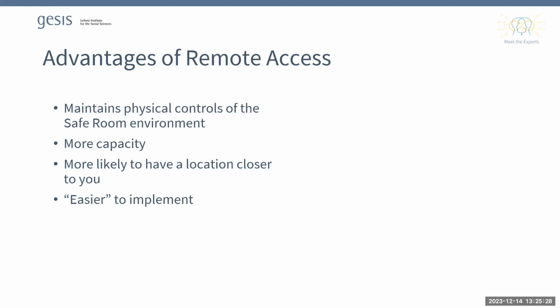We can build our capacity, so we have extra workstations available to us. The researcher is more likely to have a location that's closer to them. So if we've had a couple of research teams that are based in the UK, they don't have to travel to Germany anymore. They can just travel over to Essex, which is where the UK Data Service is based. Still a little bit of travel, but it's a lot easier than traveling internationally.